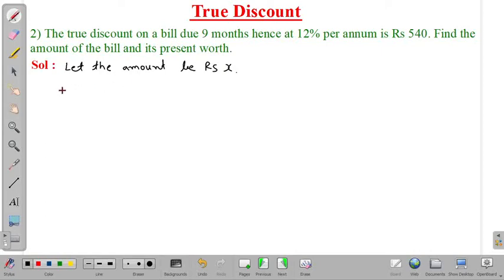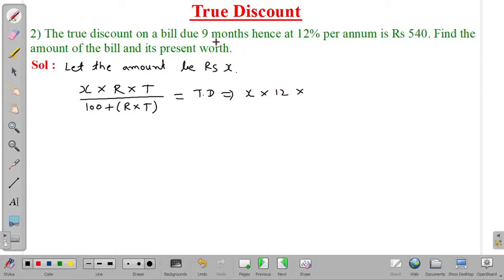Okay, then we can calculate true discount as amount into rate of interest into time divided by 100 plus rate of interest into time, and this will be equal to true discount. So substituting the given values we can calculate x. X into rate of interest is given 12% per annum into time is given as 9 months.